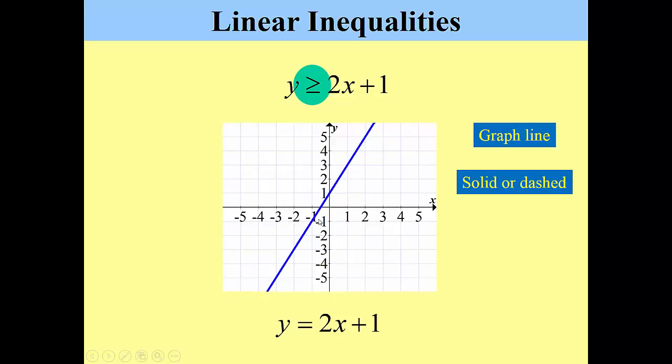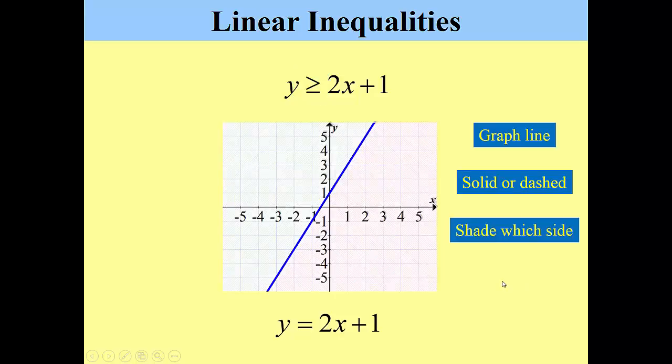The way we do that is to look to see if we've got the equals on it. This one says greater than or equals. The equal sign means the line is part of the solution. So we want to have a solid line.